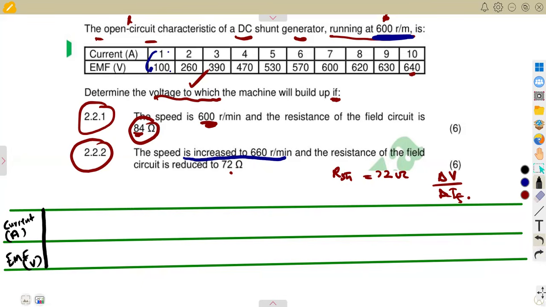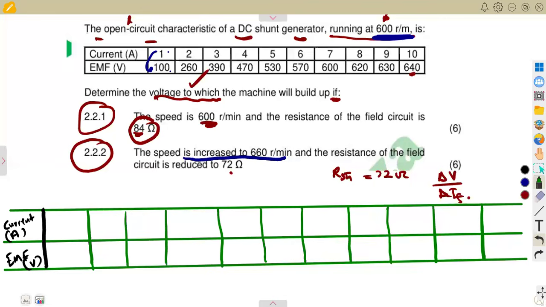This was taken at a condition where the field current values are not going to change. It is the voltage that changes. All right, so there we've got an extra one which we do not need, no problem. So this is what I want you to note.